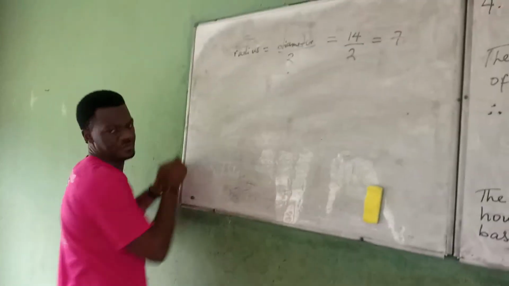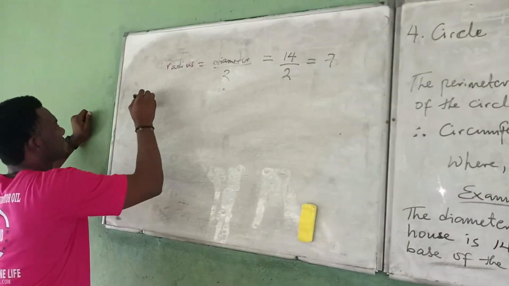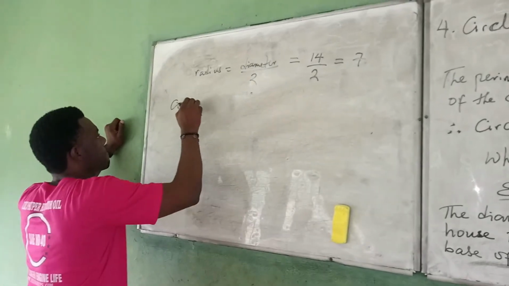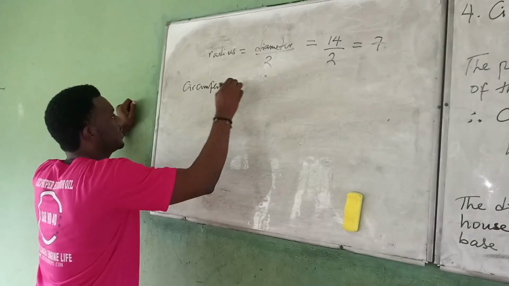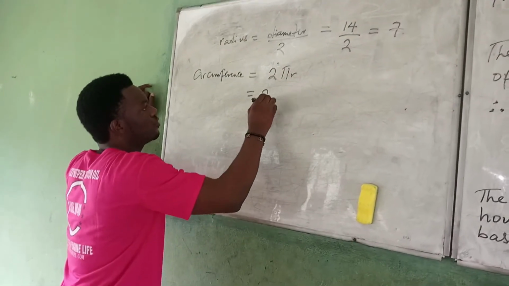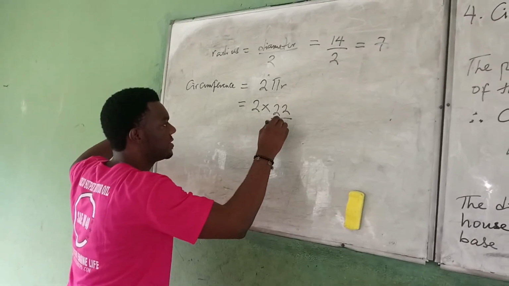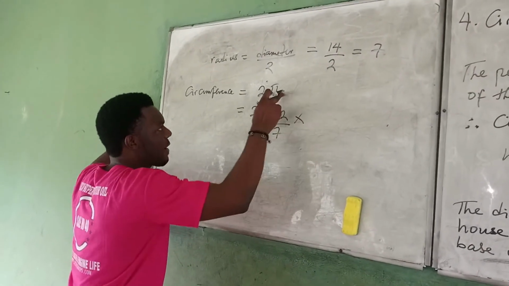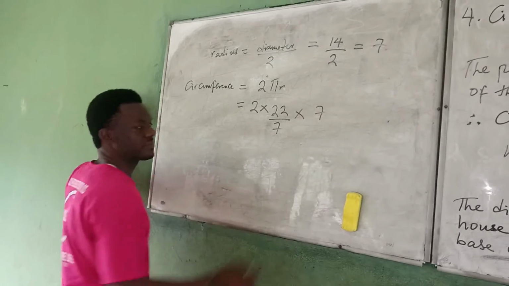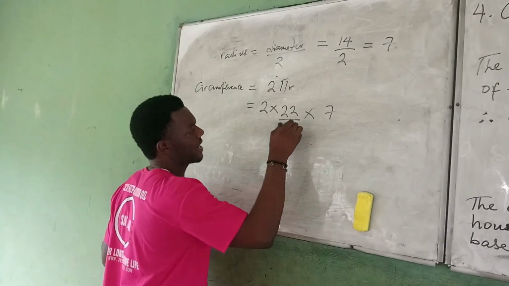Now we solve the circumference. So circumference is equal to 2 pi r. That is the formula. So 2 times the value of pi, which is 22 over 7, as we said, then times our r, which is 7.